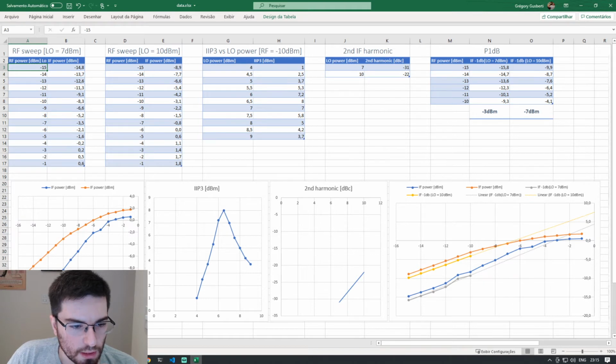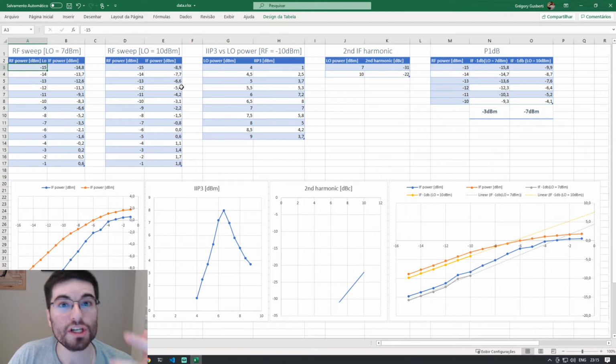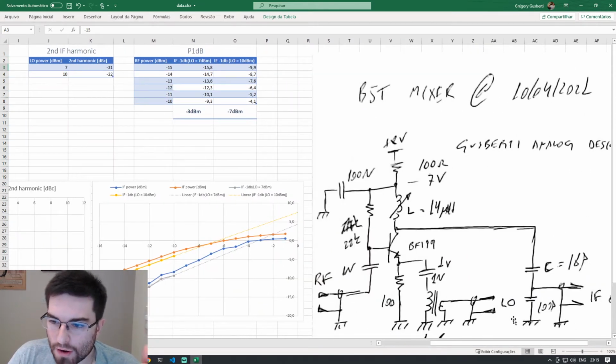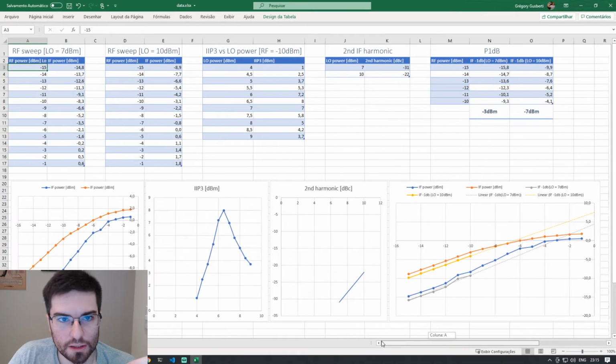So this is the conversion relation, and when we increase the LO to 10 dBm, we have conversion gain because it's an active mixer. So increasing the power of LO here, we are exciting more the base emitter junction, and we're gonna get some conversion gain.